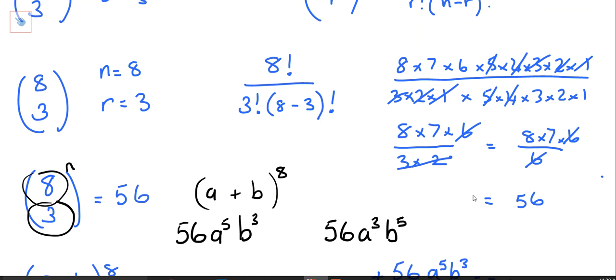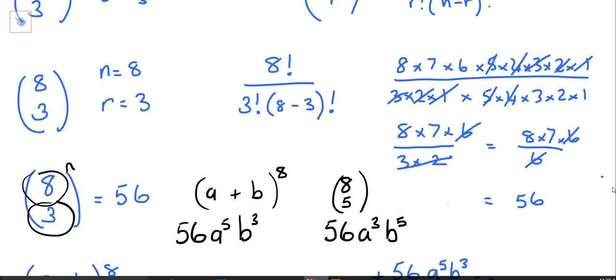So 8 minus 3 or 8 minus 5 gives you the same either way. It doesn't matter which one because they give you the same value, and you'll see that in your book.